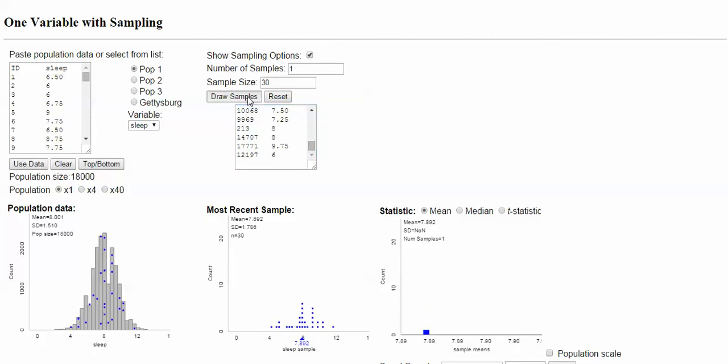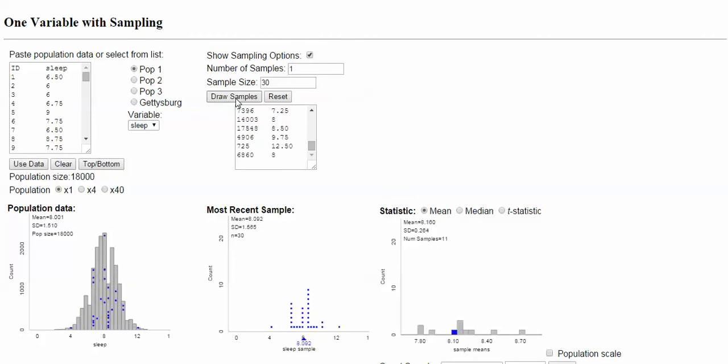And if we draw another group of 30, it's a different group of 30 people, and this group has a sample mean of about 8.2, and it plots their sample mean right there. So it just calculates the mean of every group of 30 people that we select from the population.